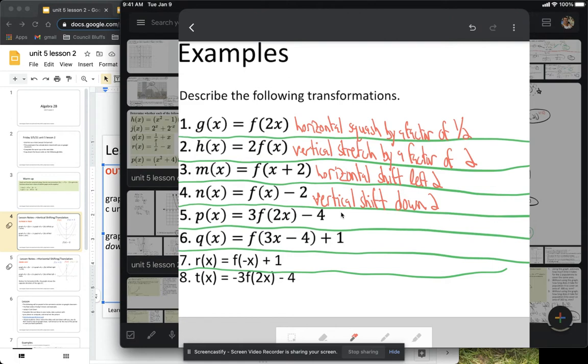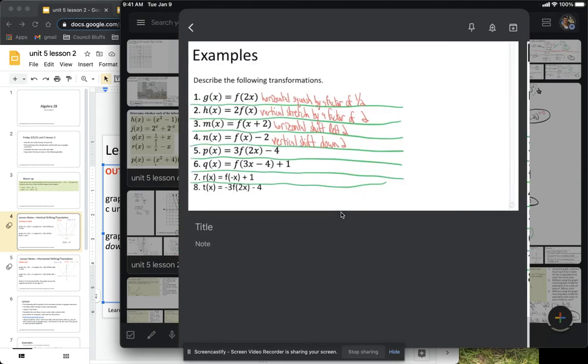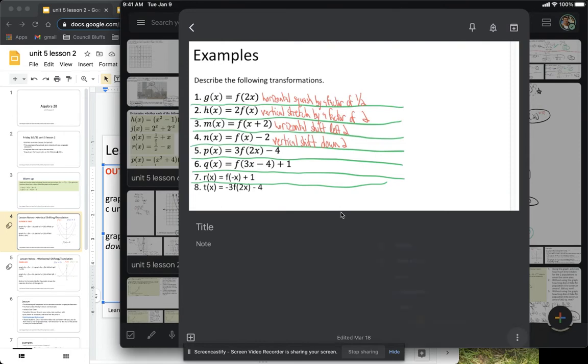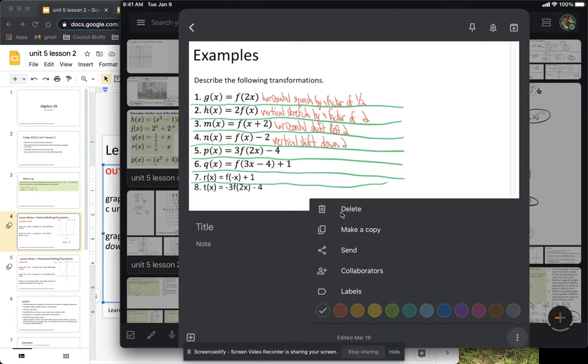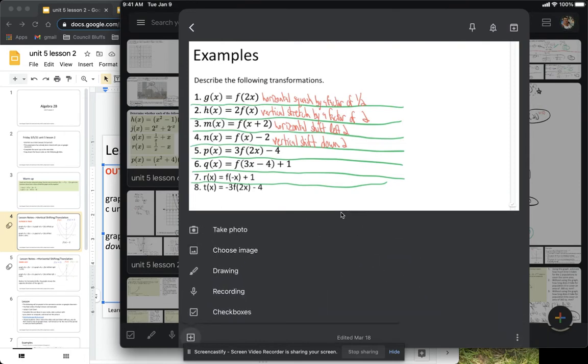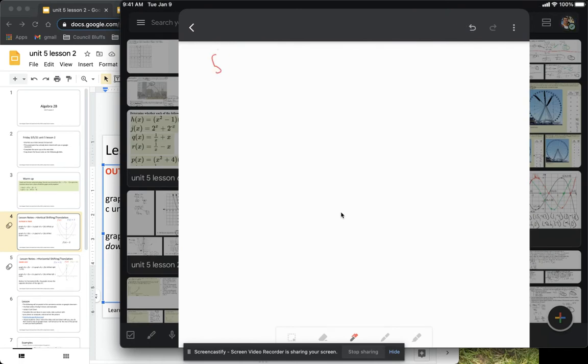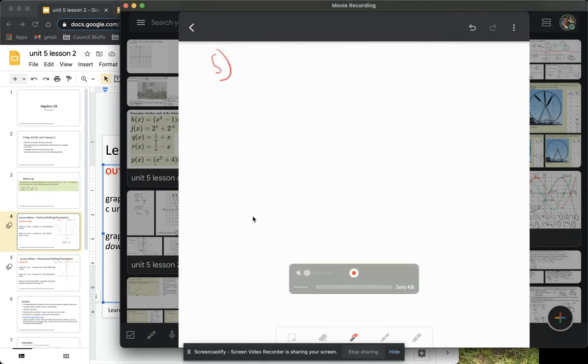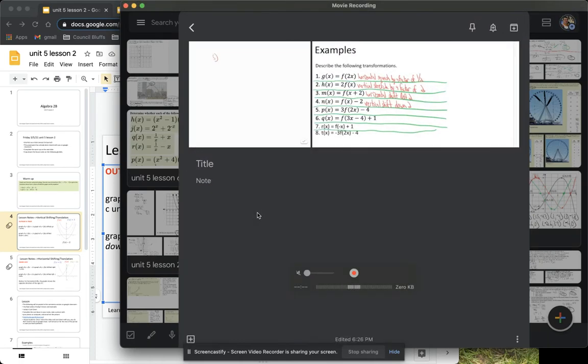So number 5. Number 5 is an interesting one here. I'm actually going to open up a new drawing, so I leave myself some room here. So for number 5, let's rewrite this.